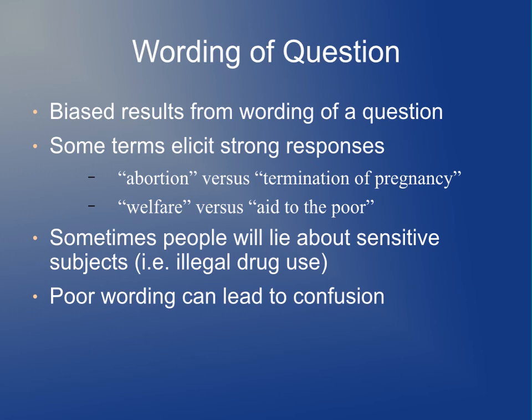Depending on how you word a question you can get very different answers, say like abortion versus termination of pregnancy, welfare versus aid to the poor, because sometimes when people hear words like abortion or welfare they give an emotional response or a preconceived response that isn't the same as what they actually believe. Sometimes people lie about certain subjects like illegal drug use. Sometimes if a question is worded poorly, that can cause people to get confused.